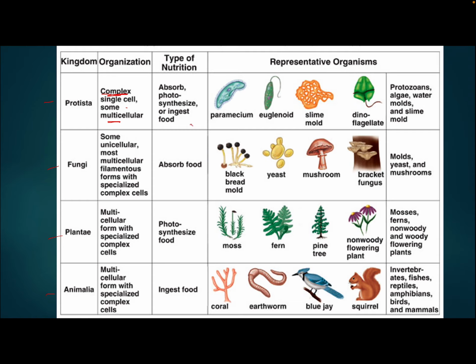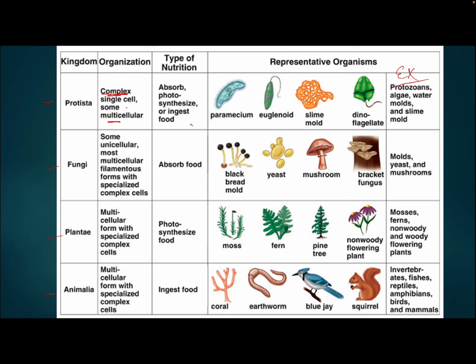They give you some representative organisms. And here's some examples. Protozoans, algae, water molds, and slime molds. If you have a chance to look up slime molds and water molds, I feel like Protista and fungus are very interesting kingdoms that we don't really talk about a whole lot. But if you look at just how diverse they are, it's really pretty interesting.